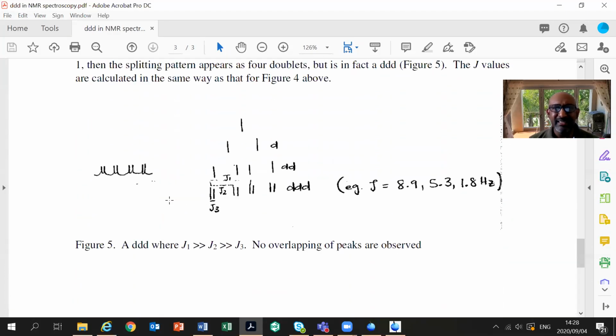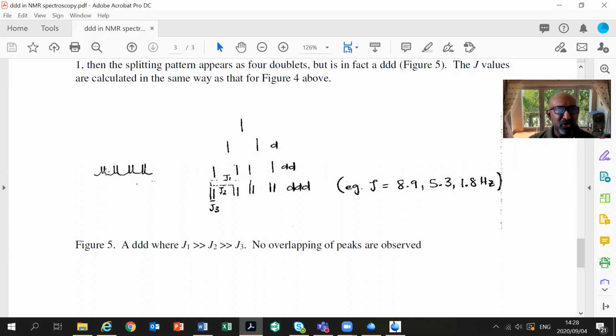And the last example that I want to show you is where you get 3 different types of splitting. So your first coupling, your second coupling, and your third coupling are very different. You can see 5.3 is very different from 9, and 1.8 is very different from 5. So I can see each split very nicely.